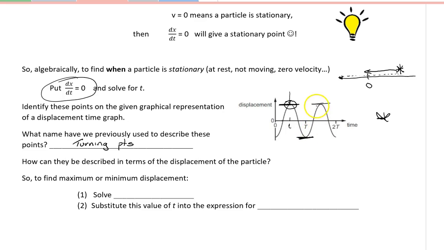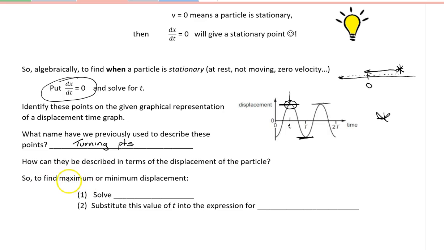Because if the displacement did have this sort of pattern, and we probably recognise that a bit like some sort of trig function, then it's never getting any higher than that. We can see that that's been called a maximum displacement from the origin. And again, that's a name that we have used to describe this stationary point, turning point, maximum point.